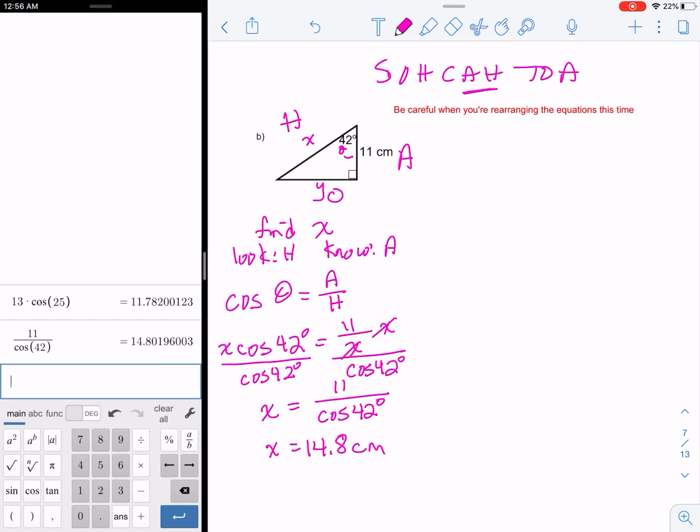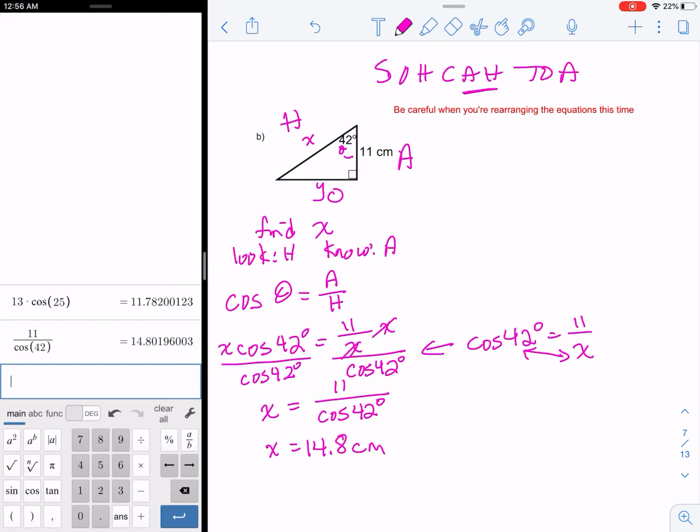So if you notice, what really happened here, in this line, we had cos of 42 degrees equals 11 over x. And then we ended up with x equals 11 over cos of 42 degrees. So really, all that happened is these two pieces switched places. And you can do that every time if you want.